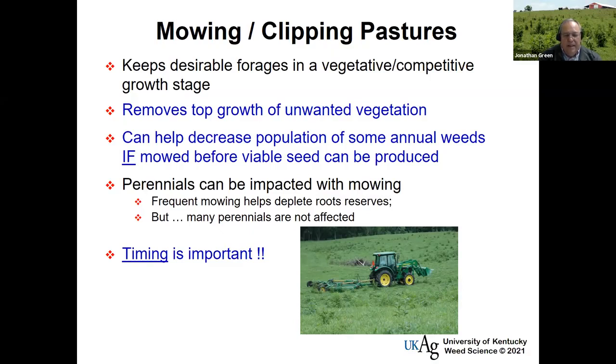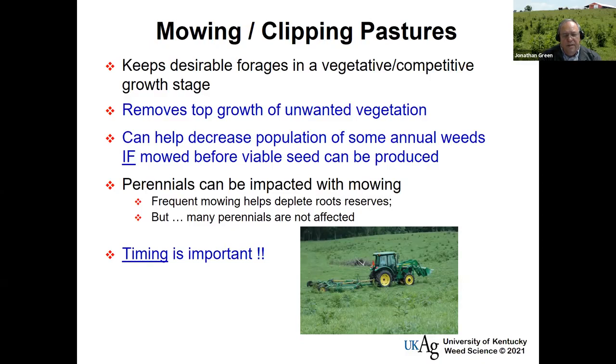Timing is key. Now, having said that, that's easier for me to say than to implement sometimes, because we have weedy plants. The cool season plants are producing flowers and reproducing in the spring of the year. We have some plants that are in the reproductive phases during the middle of summer, and then we have other plants that are more in the reproductive phases in the late summer or fall.